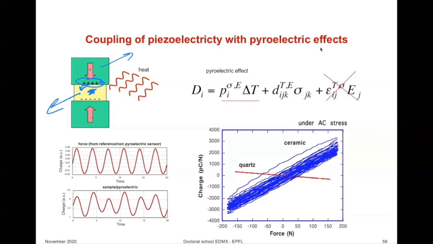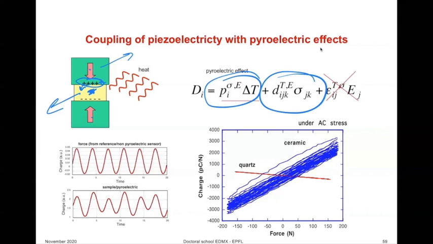And at the same time, we can allow some heat to come on the sample, and that will also change its temperature. So we will have two terms that can contribute to this total charge on the surface of the sample.